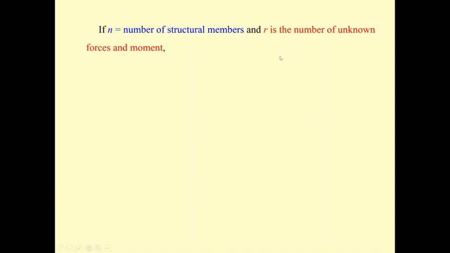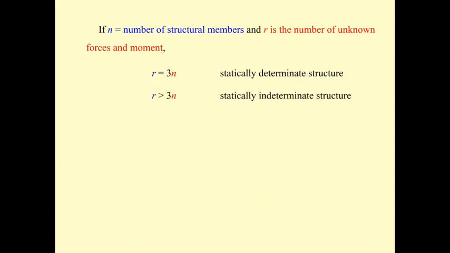And R represents the unknown reactions and unknown internal forces and moments. So if the unknown R equals the number of equations, the structure is called statically determinate. If the unknown is larger than the number of equations of equilibrium, that structure is called a statically indeterminate structure.